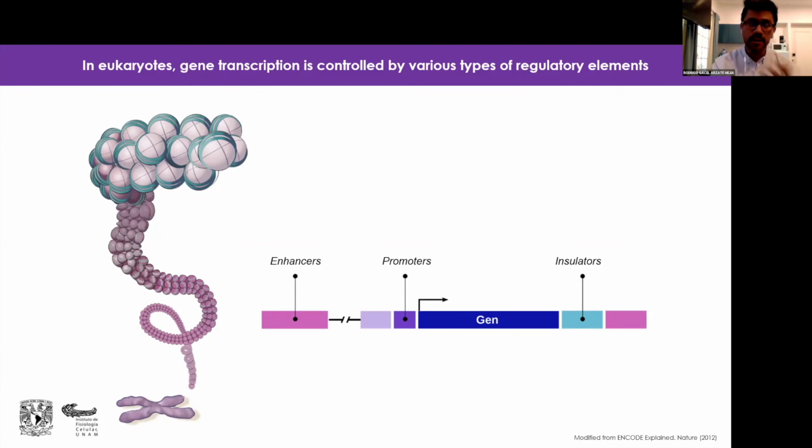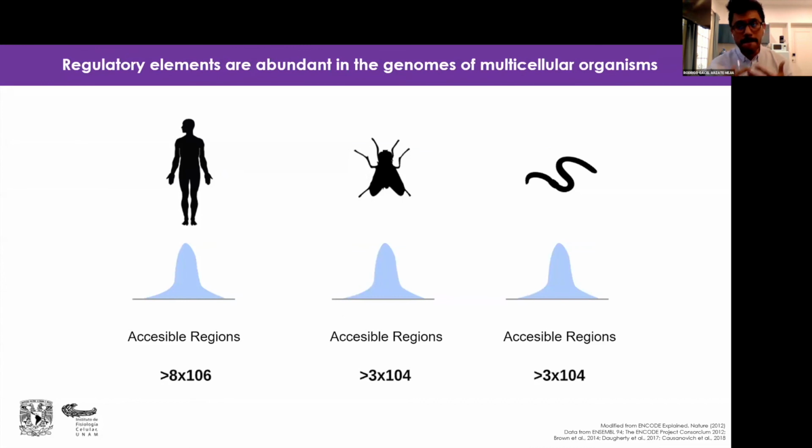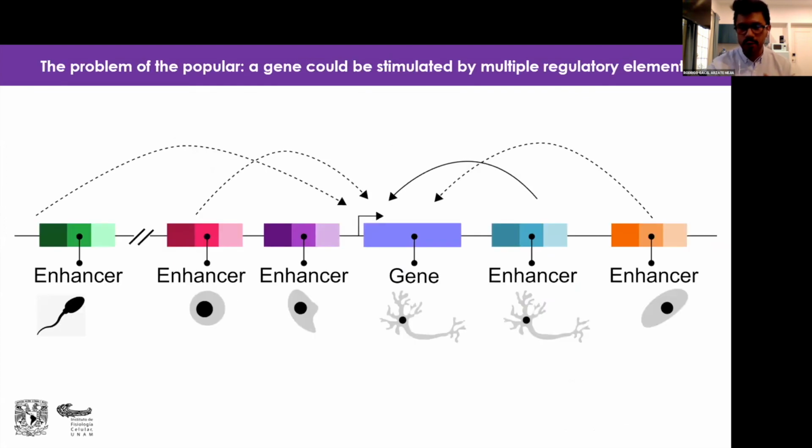We know that eukaryotic genomes are very rich in regulatory elements. In many cases, the regulatory elements are way more abundant than the genes that they can target or regulate. And this poses a challenge to the cells as to how to control the flow of information between the different regulatory elements that can be just very close to the gene of interest, and to restrict the communication between those regulatory elements and the genes and those communications that should not really take place.